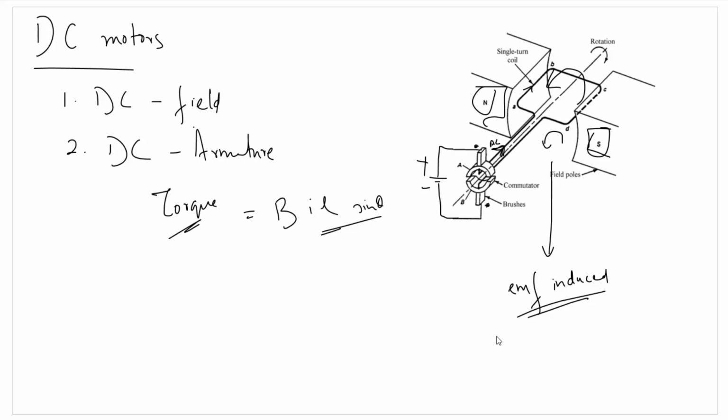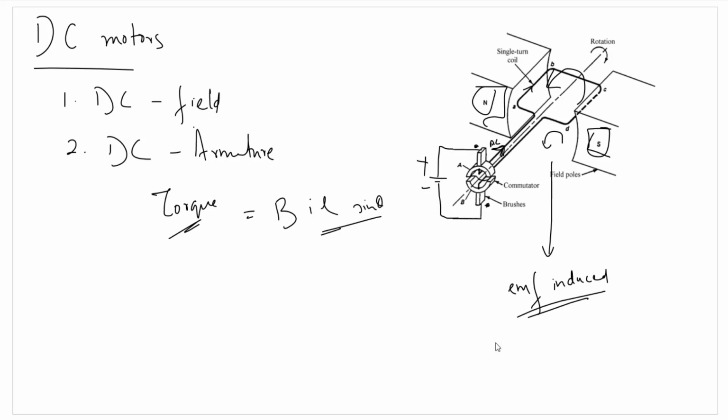That means the initial operation was of a motoring mode, wherein we were energizing the armature as well as the field using a DC voltage. A current carrying conductor was placed in a magnetic field and it started rotating because of the torque produced in it. Now, since we have a rotating conductor placed in a magnetic field, naturally EMF will be induced in this.